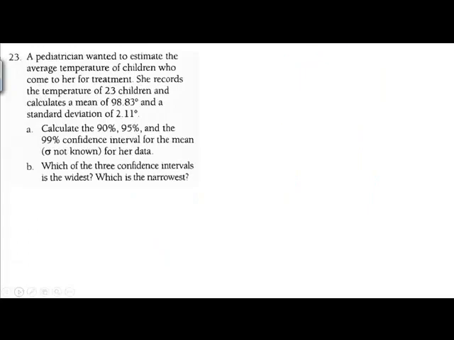One more. Number 23. A pediatrician wants to estimate the average temperature of children who come to her for treatment. She records the temperature of 23 kids, n equals 23, and calculates a mean from her sample of 98.83 with a standard deviation of 2.11 degrees.